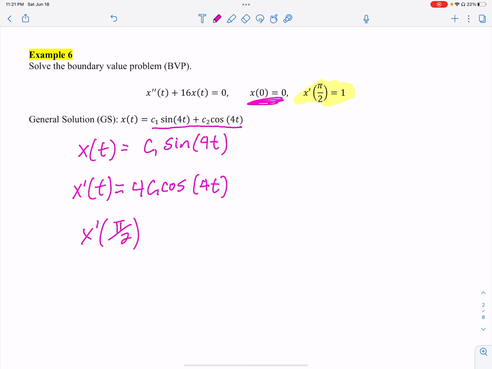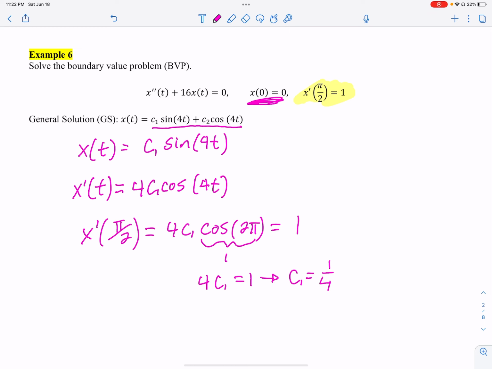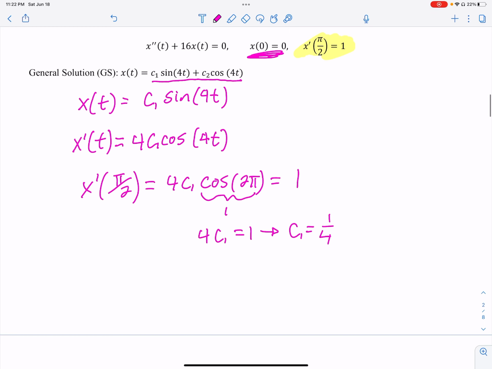We plug in pi over 2, 4C1 cosine of that, so we get a 2 pi, and now that's okay because that is equal to 1. We had a problem there when it's a sine. So we get 4C1 equals 1, which tells us that C1 is 1 over 4. So the solution to this BVP is 1/4 sine 4t.